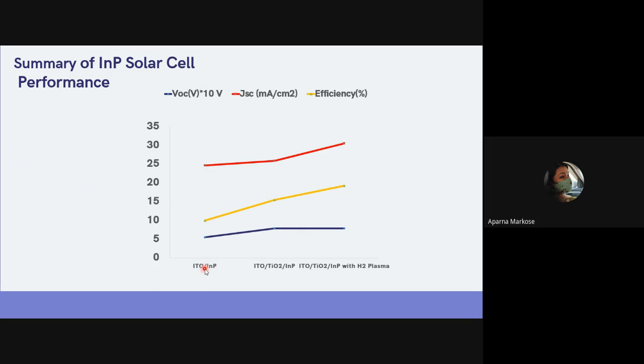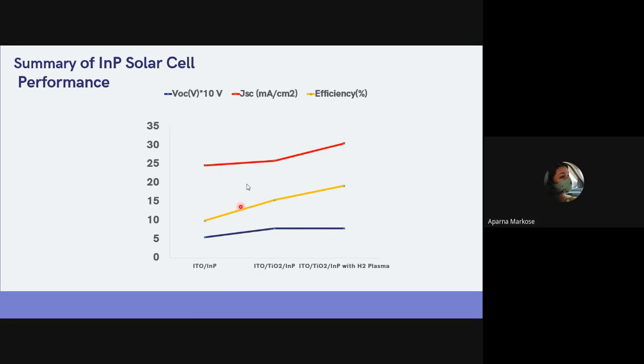This one is just indium phosphide and conducting oxide, and this one is with the titanium dioxide layer, and this is with the plasma treatment, titanium oxide layer and everything. So you can see these 3 points are always higher than these 3 points. One is voltage, another is current, another is efficiency.